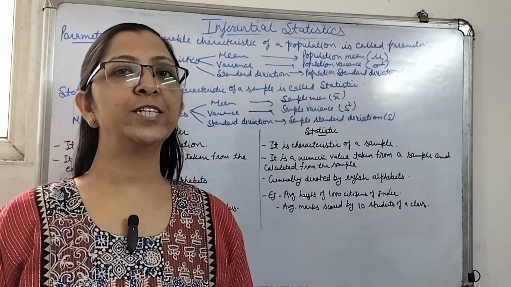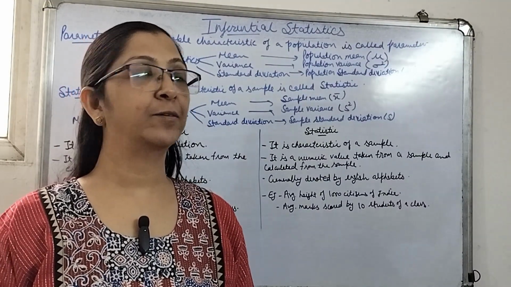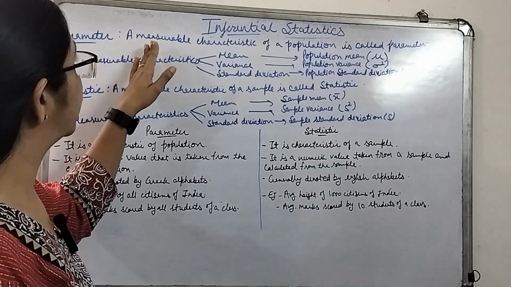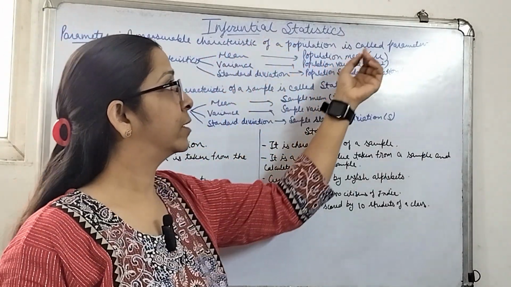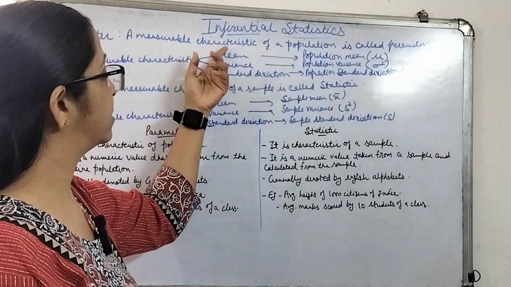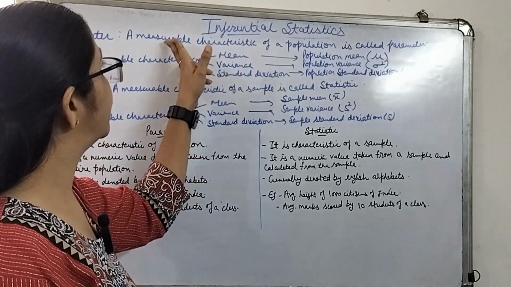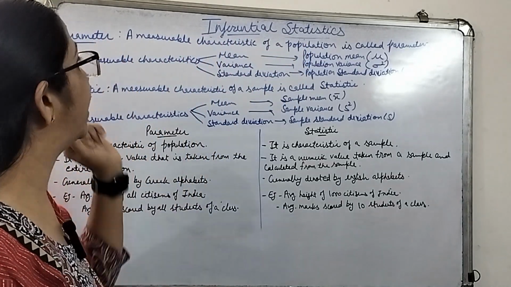Now let's see what is parameter and what is statistic. Parameter is the measurable characteristics of a population. Whenever we are measuring characteristics for a population, such measurable characteristics are known as parameters.